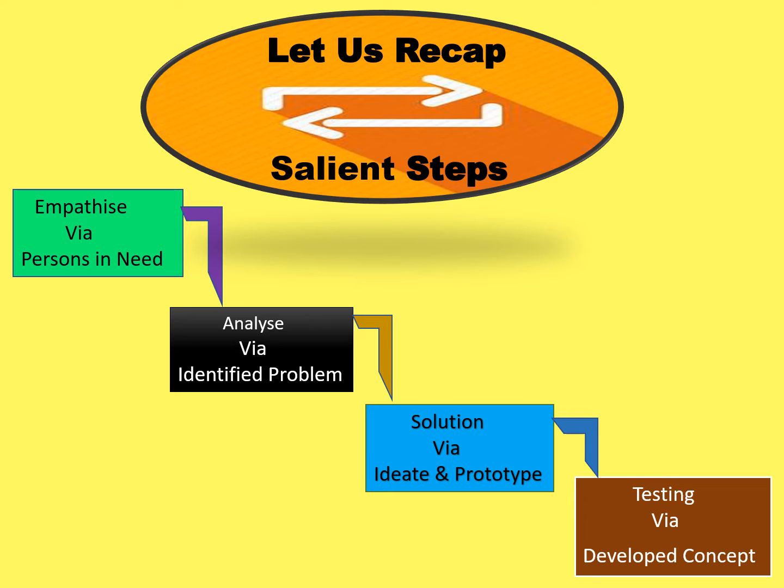The second one is analyze, where we really found the root cause of the real problem. Here we applied multi-why principles and looked at various conflicts and addressed them and really identified the actual problem our target persons are facing.